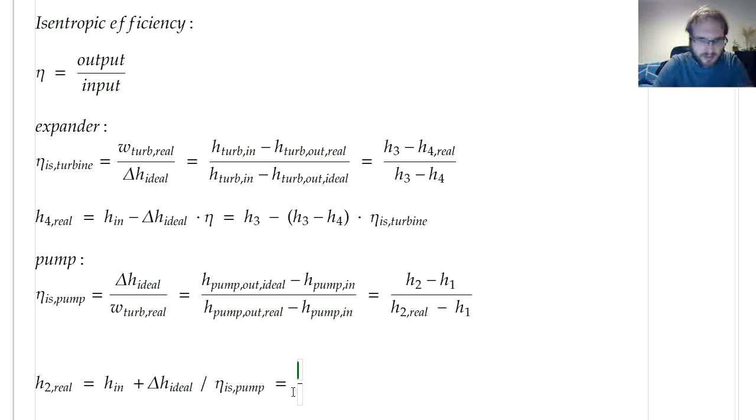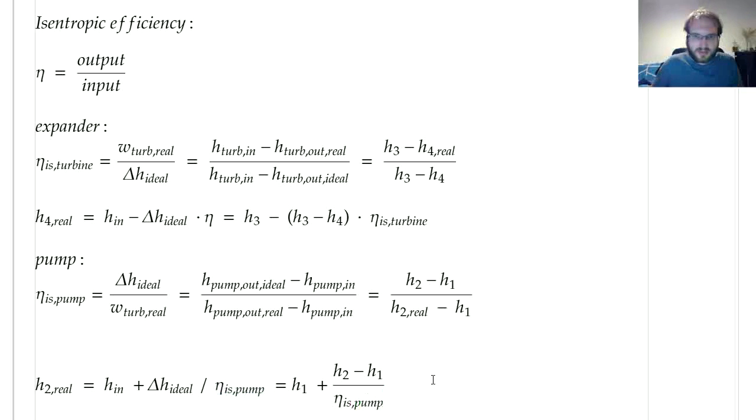So it will be H1 plus, and now the ideal enthalpy difference, which is H2 minus H1, divided by the pump isentropic efficiency. Okay, now we have the equations set up, and let's put in the values.